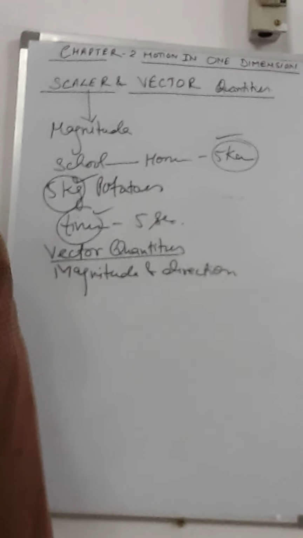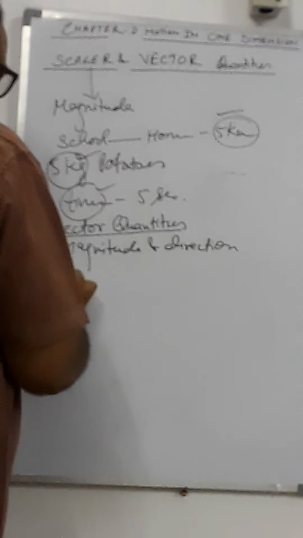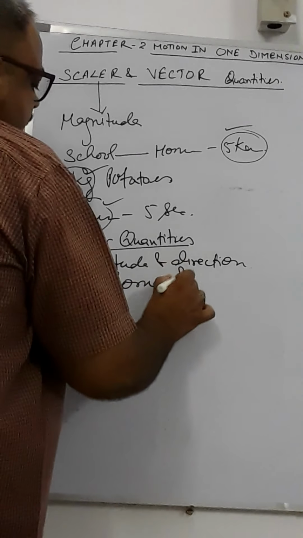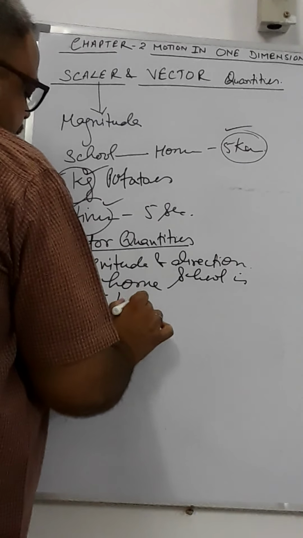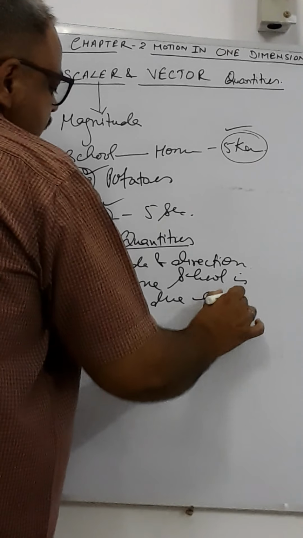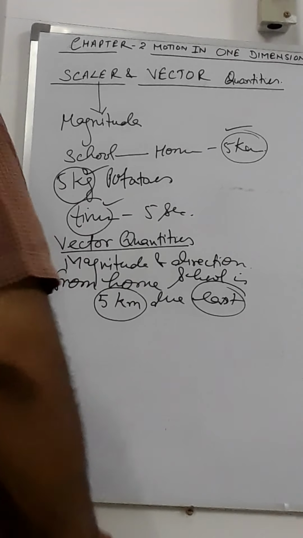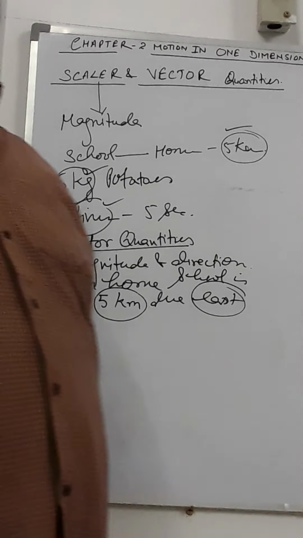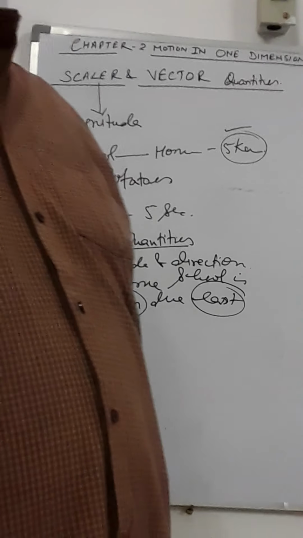For example, from home, the school is 5 kilometers due east. So direction and magnitude both are involved. These are vector quantities, and those quantities which give the direction are said to be vector quantities.